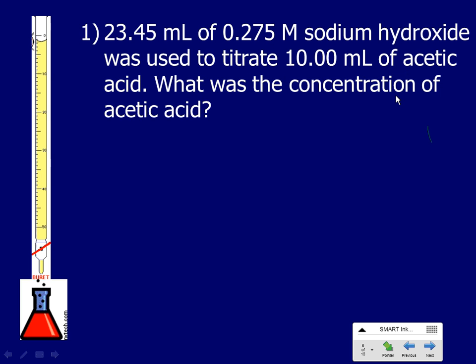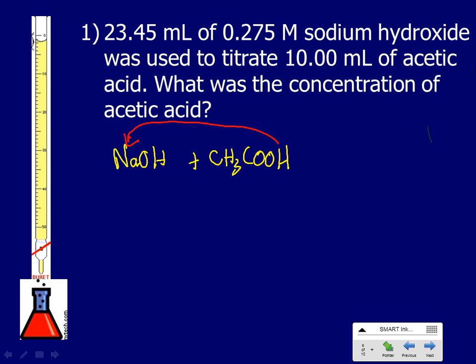And back to number 1, again, that's a straightforward sodium hydroxide with acetic acid, right? So sodium hydroxide is NaOH, and acetic acid, remember, is CH3COOH, and I'll help you with this one. It is this H that swaps out, all right?